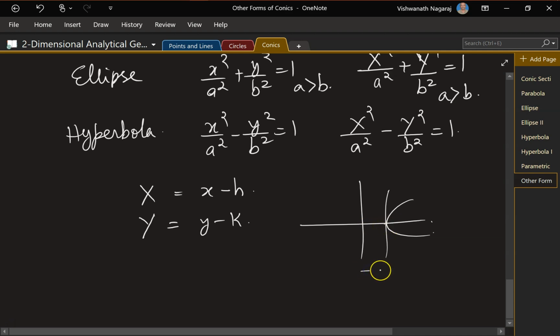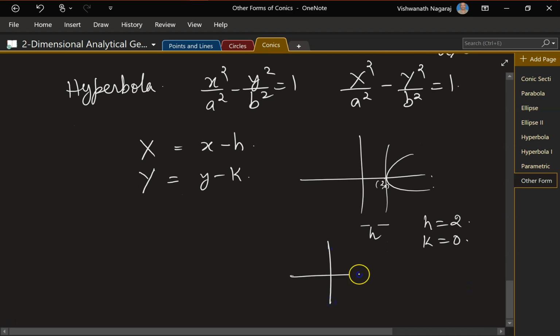So this is h, whereas it didn't go up or down, so it has not shifted in the y direction. So here h is equal to, let's say this is 2, 0. So it has shifted by 2, and k is equal to 0.